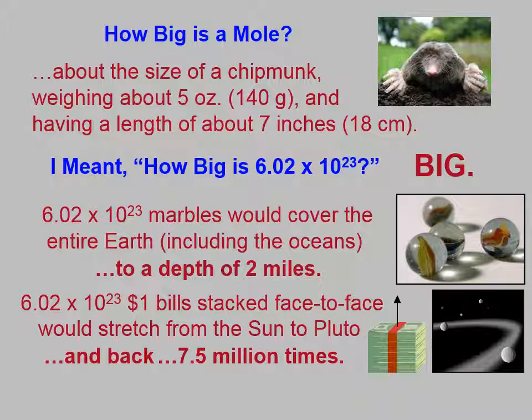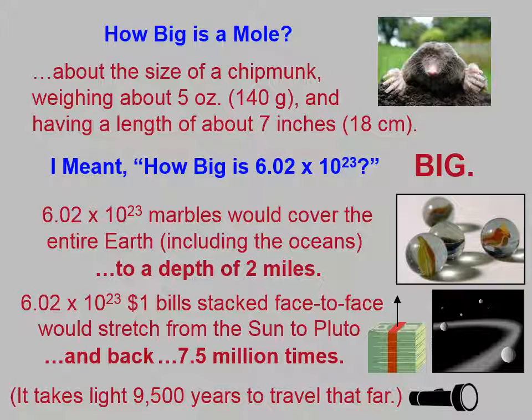If all of those $1 bills were stacked in a straight line, it would take light 9,500 years to travel that distance. It's just a very, very large number, almost incomprehensible.